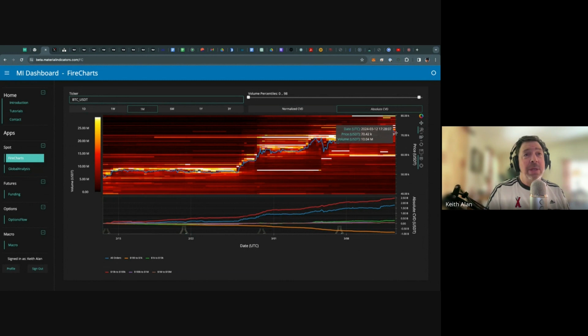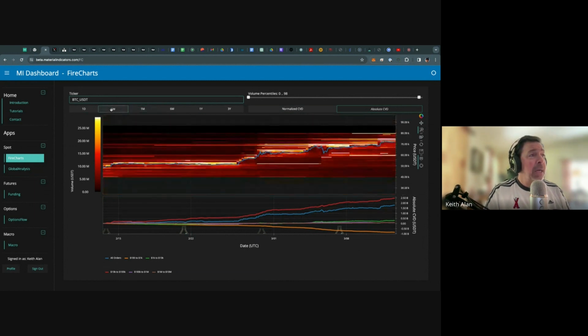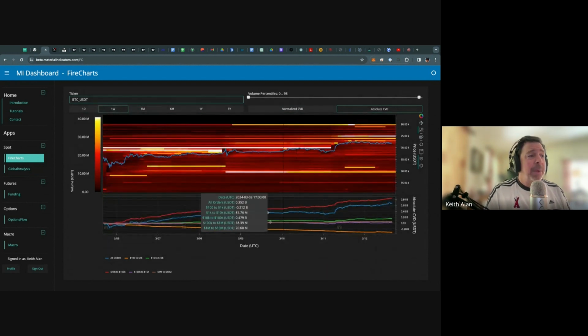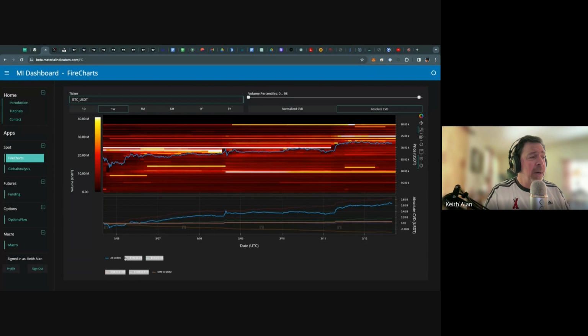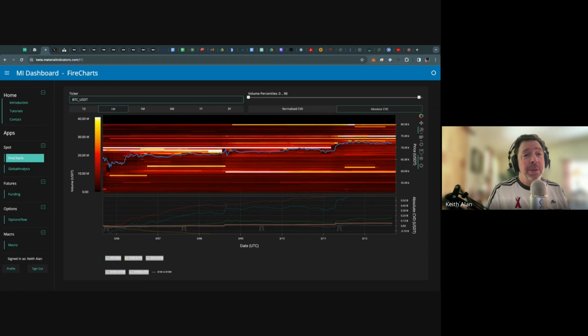Something that's also interesting here, I want to isolate this brown class here for a second. Historically, purple has had the most influence over Bitcoin price, and the reason for that is because even though brown has larger orders, purple has far more orders, so just the sheer volume has had the most influence.